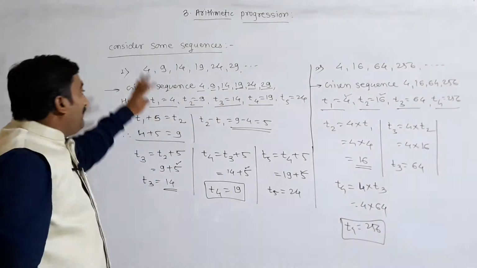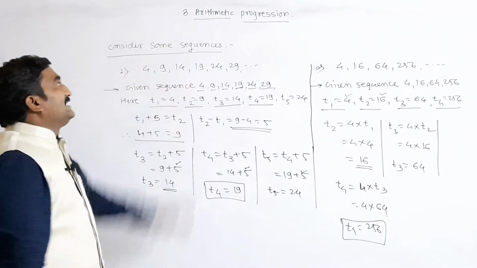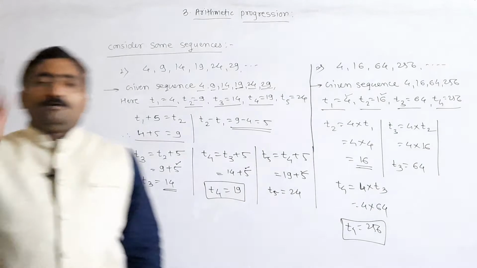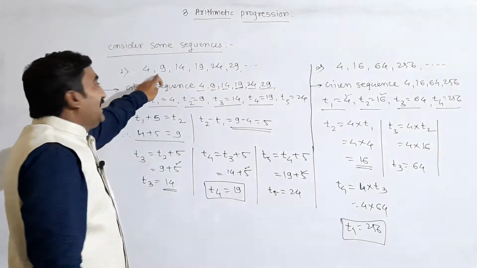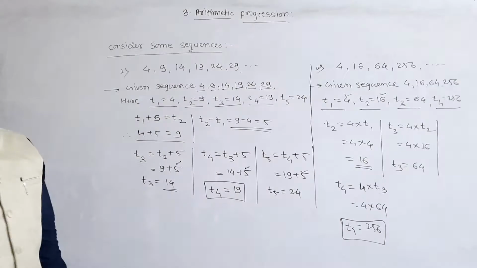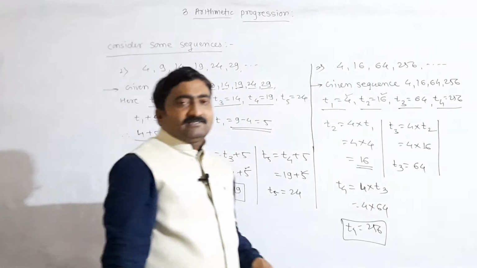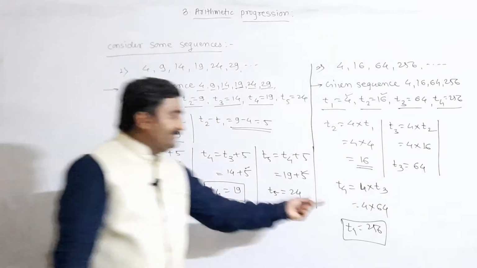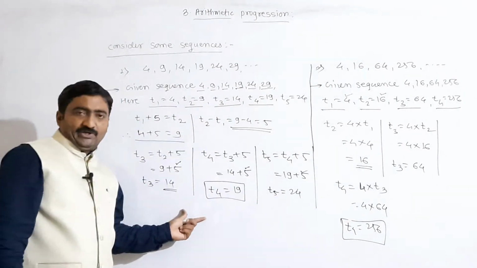So by adding and by multiplying, sequences are differentiated into two types. First is called arithmetic progression and second is called geometric progression. But this is not for your syllabus. For your NTNC exam, remember what is meant by geometric progression. And here we have to study arithmetic progression.